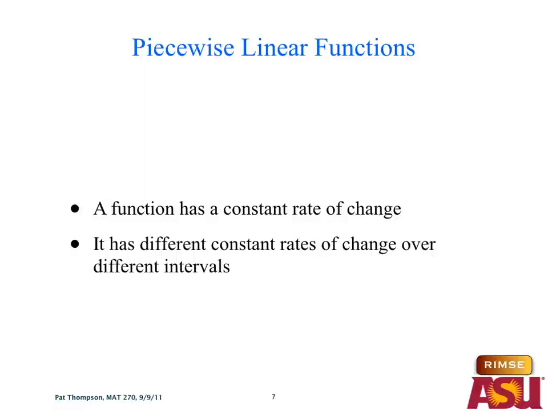If a function has a constant rate of change and has different constant rates of change over different intervals, this would be a way to define a piecewise linear function. Okay, and remember we did the piecewise generator, right? The generalized piecewise generator. Remember that project?